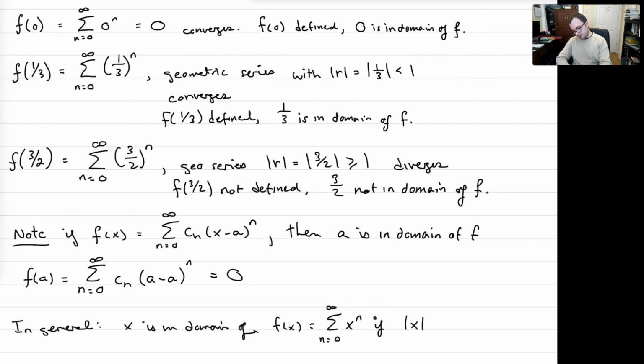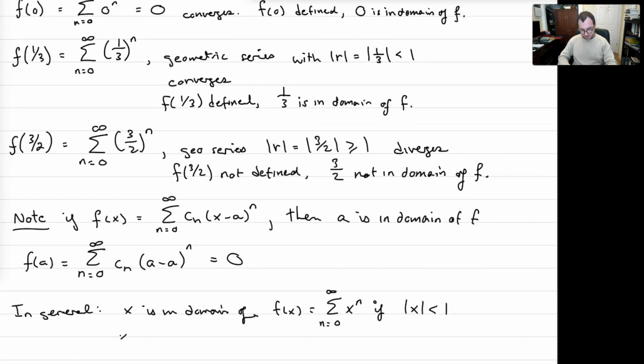If x is less than 1, because what's going to happen is I'm going to plug in a number and it's going to result in a geometric series with ratio less than 1. And x is not in the domain of f if x is bigger than or equal to 1, because it will result in a geometric series with ratio at least 1.